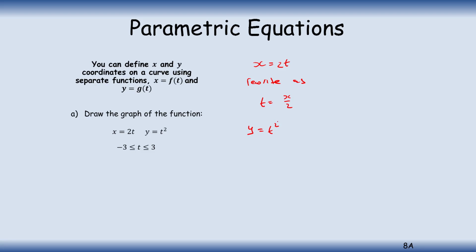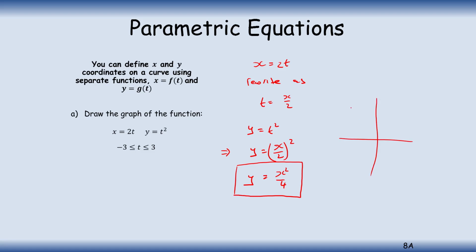But I know that t is equal to x over 2, so that implies that y is equal to x over 2 squared, which is equal to x squared over 4, which is our quadratic equation, which we could sketch as we did earlier, giving us exactly the same result. Happy quadratic. There we go.